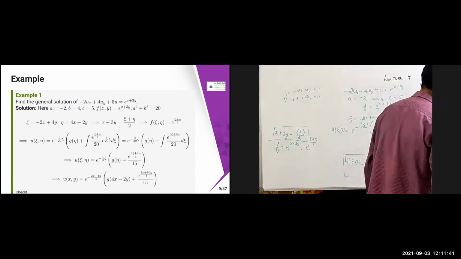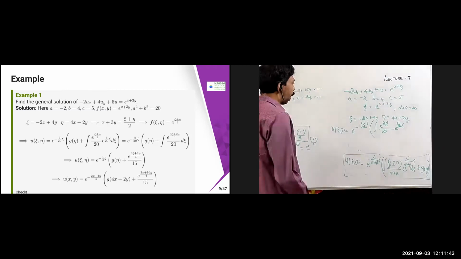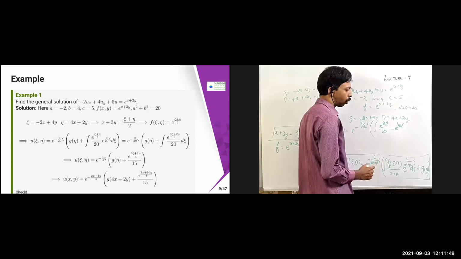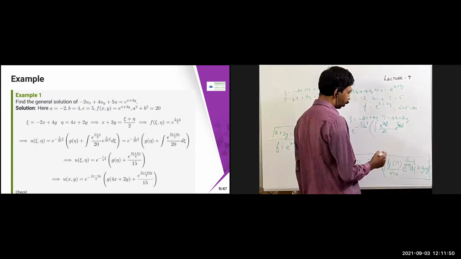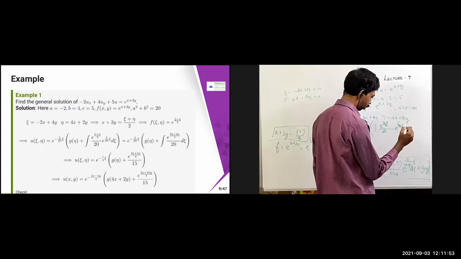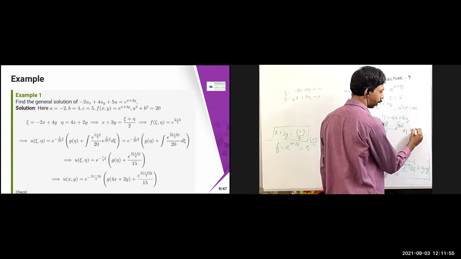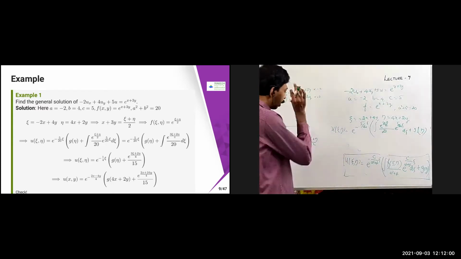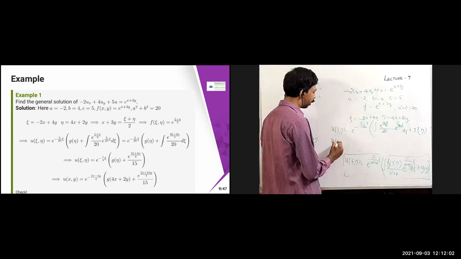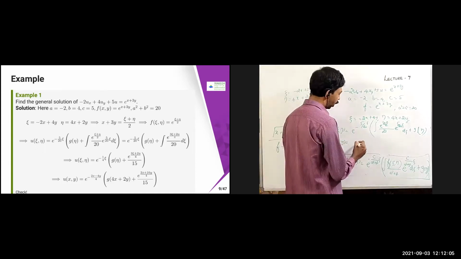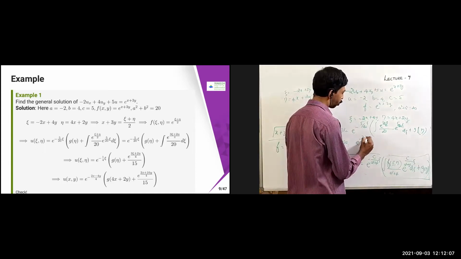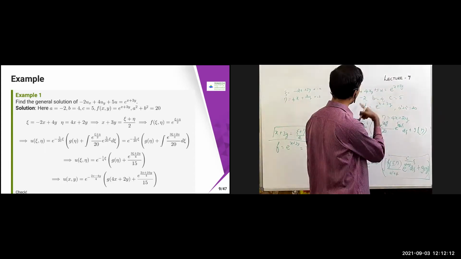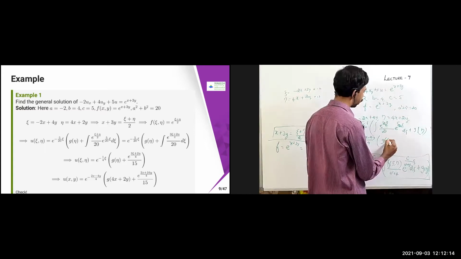Okay. So now what you have is e power chi plus eta by 2, e power 5 by 20 into chi, into d chi, plus g of eta is going to come. Now simplify this. I leave it to you for verification. So check whether this is correct or not. u of x comma y equal to e power, I'm just going to the last step, minus 2x minus 4y by 4. g of eta is nothing but this one, 4x plus 2y.